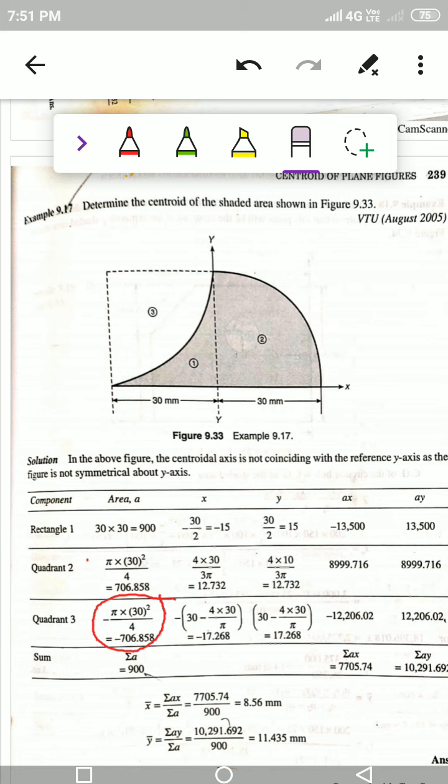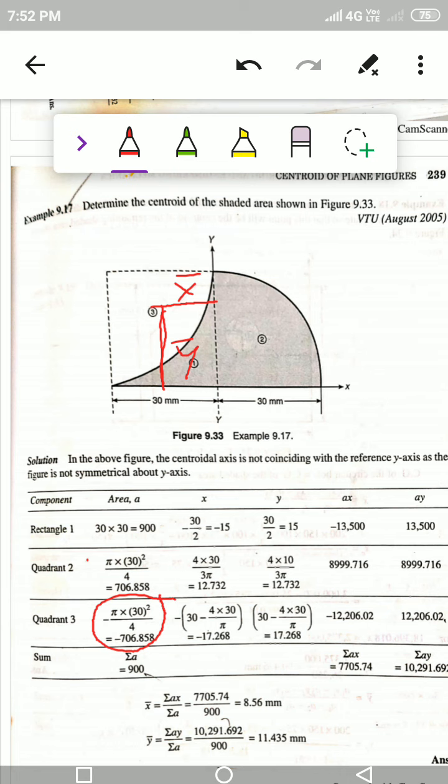So x bar here is what? Since you are measuring, x bar is nothing but this distance we want. Clear? This is the x bar value and this is the y bar value of this quarter circle. The red line indicates x bar and this is y bar. This we need.